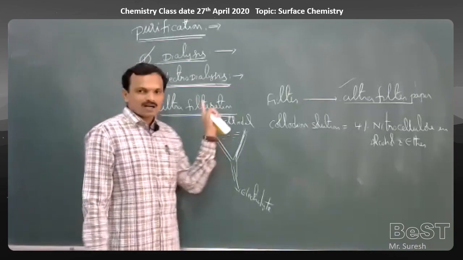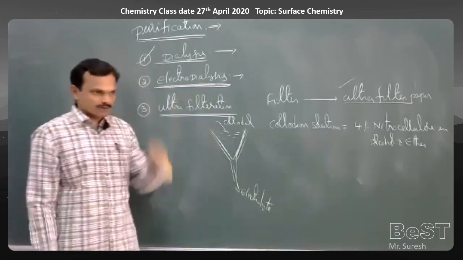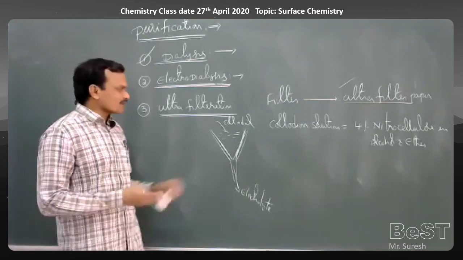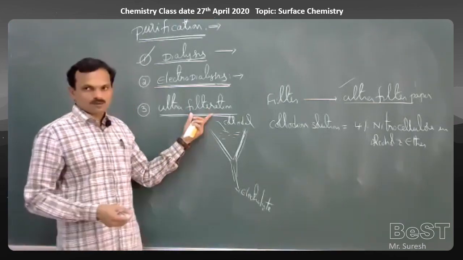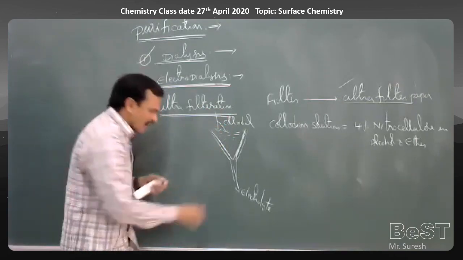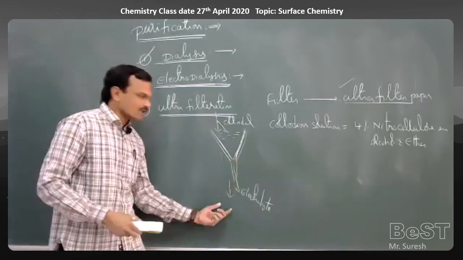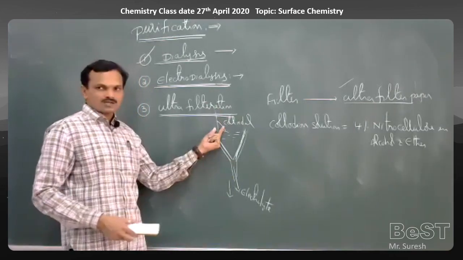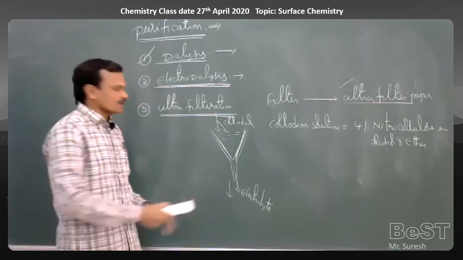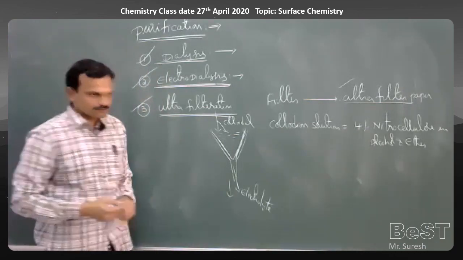But this ultrafiltration process takes place very slowly. So to increase the velocity of this process, either pressure is applied on the solution or suction is applied. On applying either suction or pressure, the filtration process is made fast. So this is called ultrafiltration.